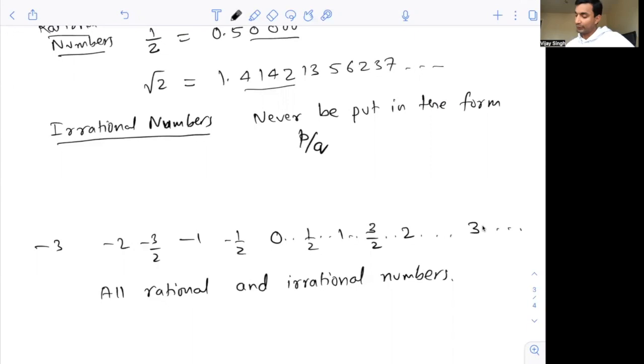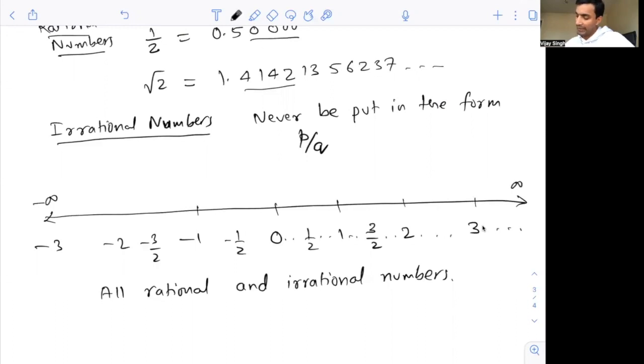You can have all the numbers from essentially minus infinity to plus infinity. You have a zero, then you have one, two, three, minus one, minus two, minus three. You have numbers that are fractions, which are rational numbers, and you also have numbers that are not fractions, they're irrational numbers.